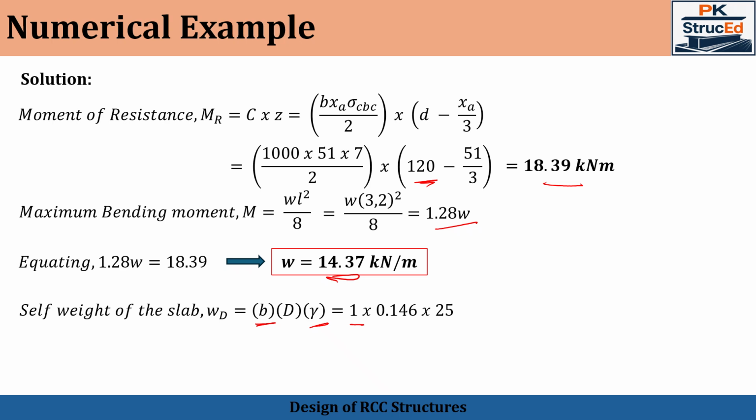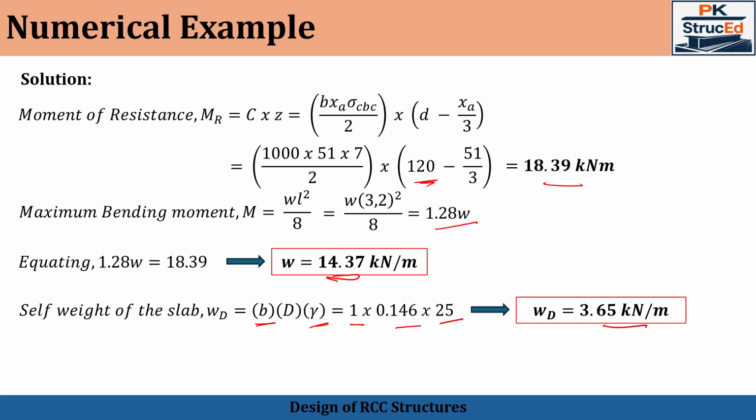So assuming the bar diameter, we can find the overall depth by assuming some clear cover or effective cover. The overall depth of the section has been taken as 0.146, that is 146 mm, and the unit weight of the concrete has been taken as 25. Multiplying these values, we get the self weight of the slab as 3.65 kilonewton per meter.